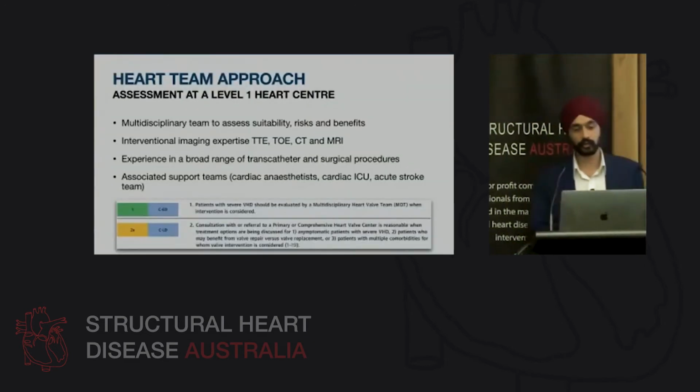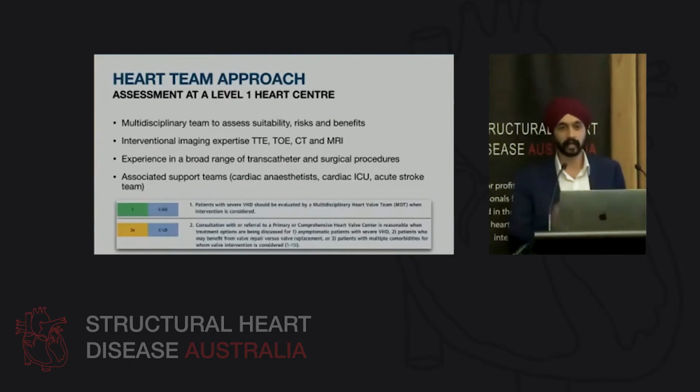Now, where is this all brought together? Normally, there's a heart team approach at a level 1 heart center. It's very important for these patients that a multidisciplinary team assembles to consider the benefits, suitability, and risks for these patients. You do need a lot of expertise, and this is one area of interventional cardiology where you need exceptional interventional imaging expertise, especially in transesophageal echocardiography, to really get the best outcomes for patients.